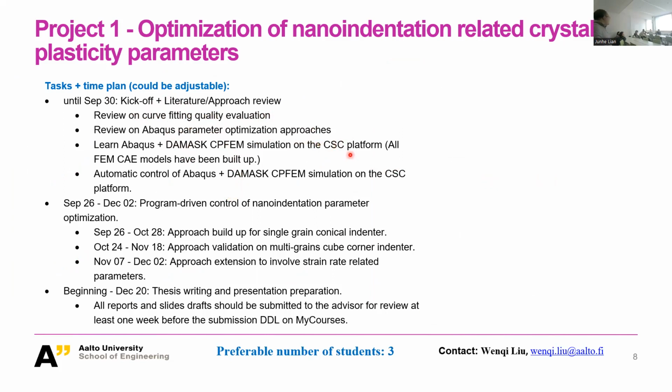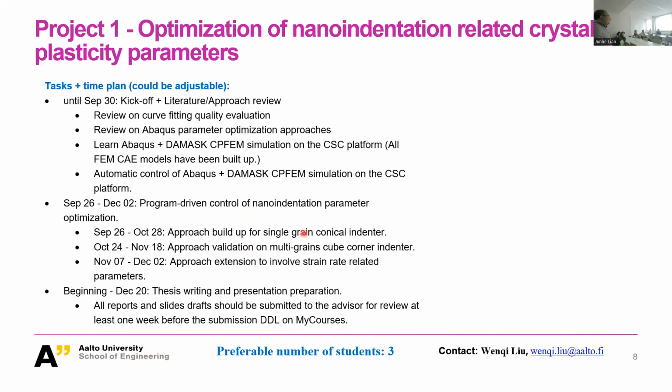This is the supercomputers in Finland. And you will learn some interfaces and codes for running simulations on CSC. Then you have the project development phase from basically October until beginning of December.